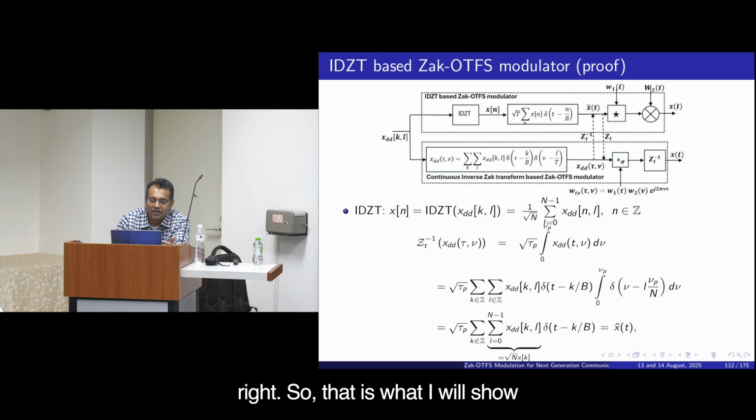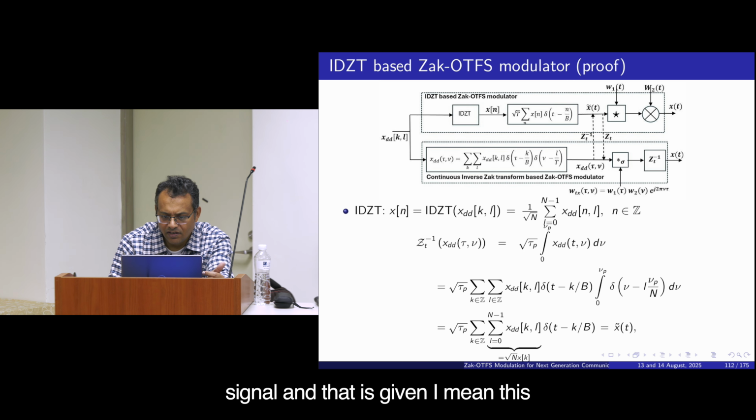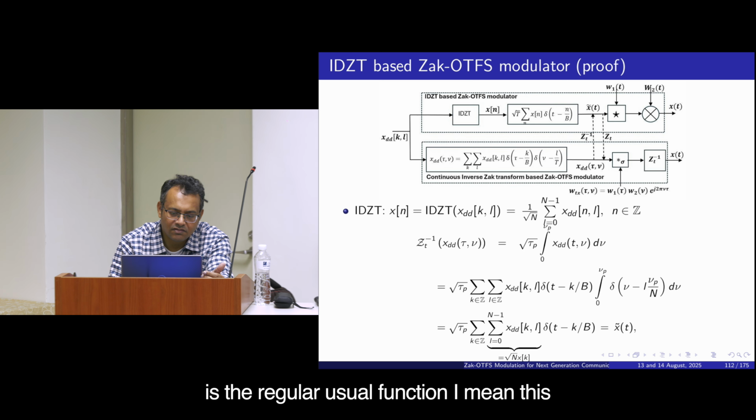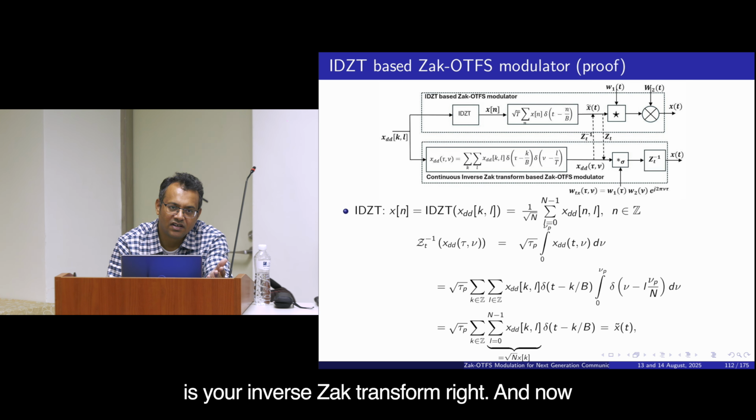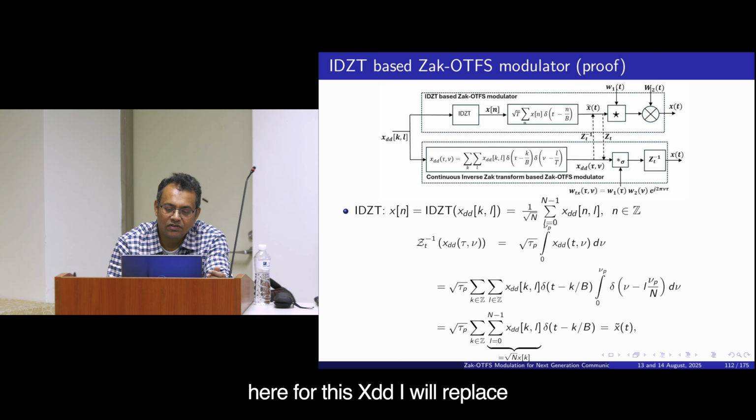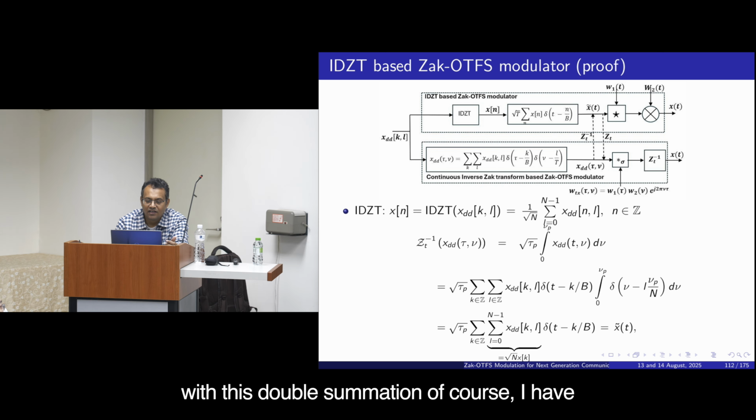So, that is what I will show. I'll start with the inverse time Zak transform of x dd of tau comma nu, this signal, and that is given by the usual function, this is your inverse Zak transform. And now here for this x dd, I will replace with this double summation. Of course, I have to replace the tau with a t.